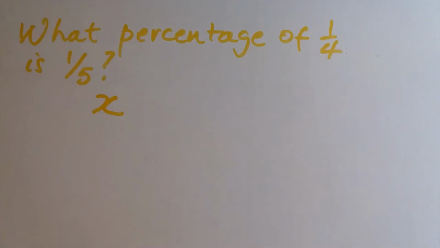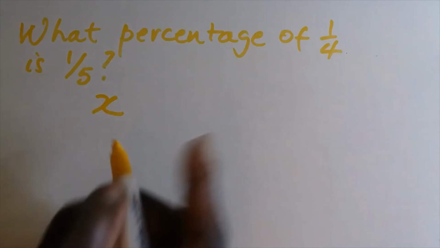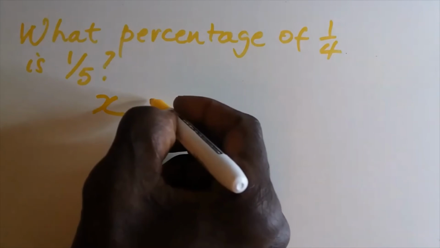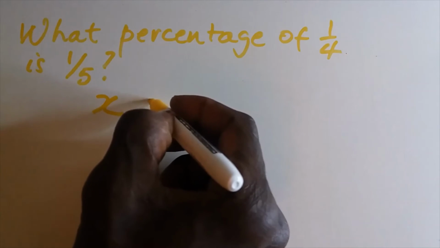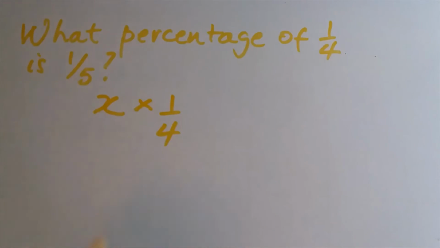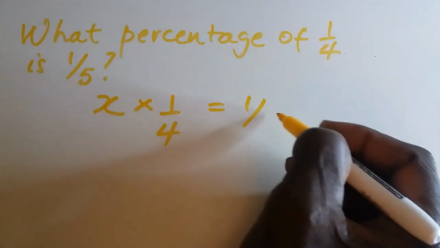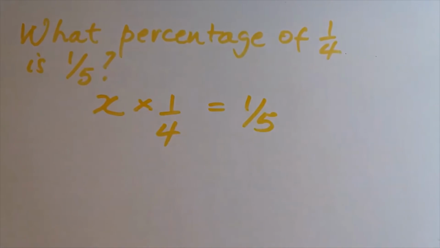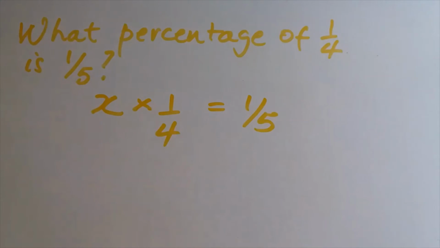So we know that x of a quarter, where 'of' means multiply, x of a quarter is equal to 1/5. So now we've translated what we have here in English to something mathematical.